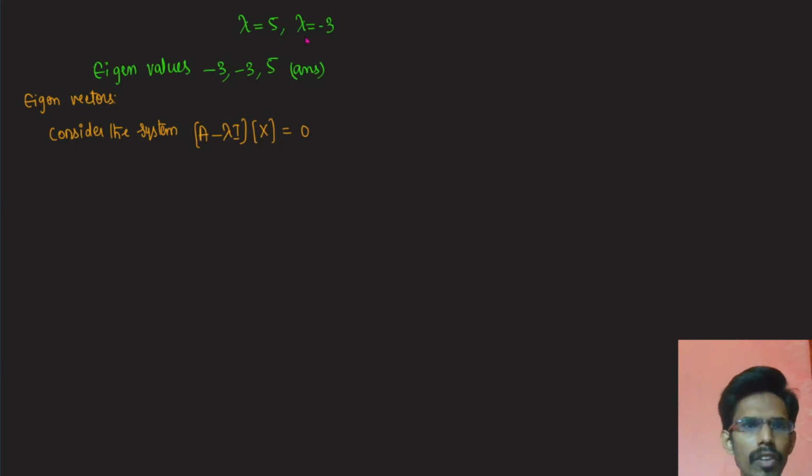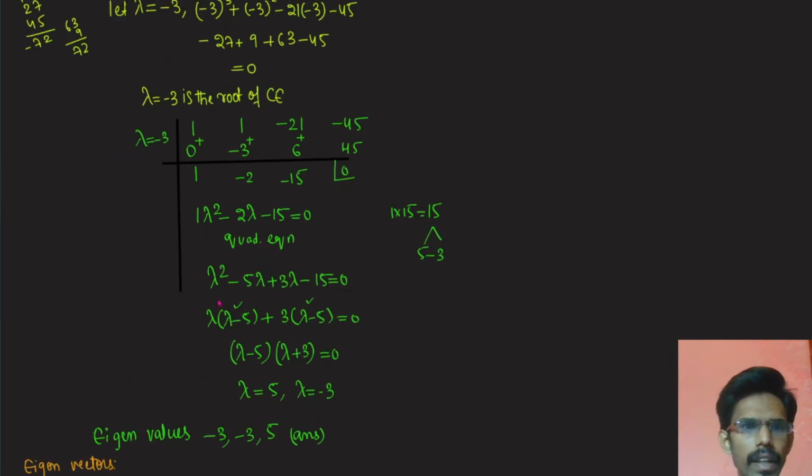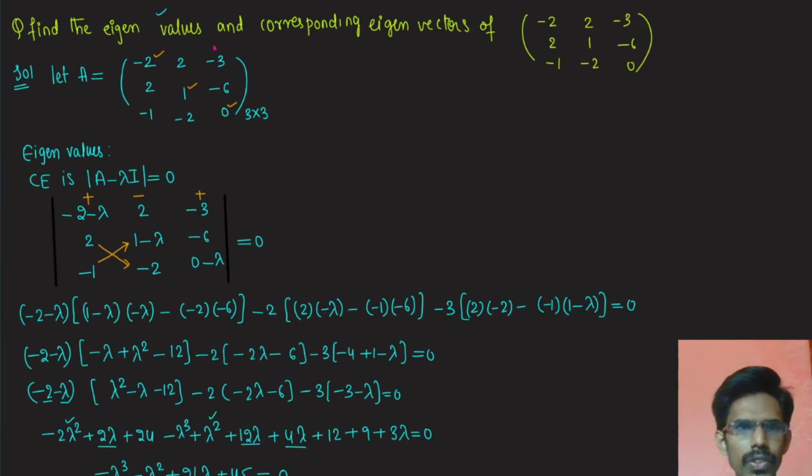Now we want A minus lambda I. A minus lambda I can be directly obtained from this A matrix by subtracting lambda from the principal diagonal elements only. These are the principal diagonal elements.